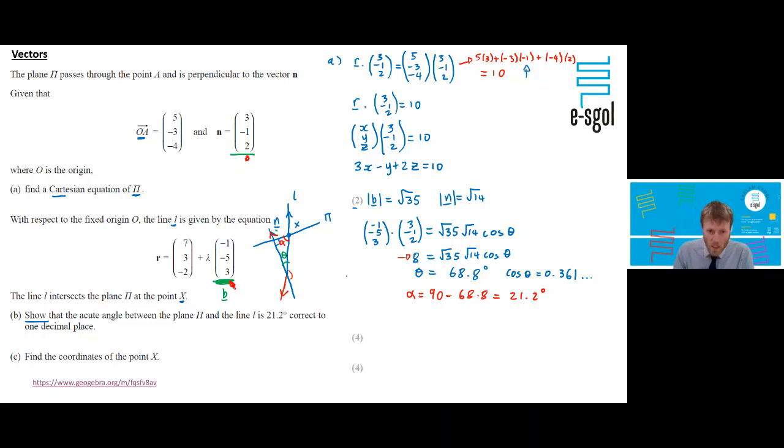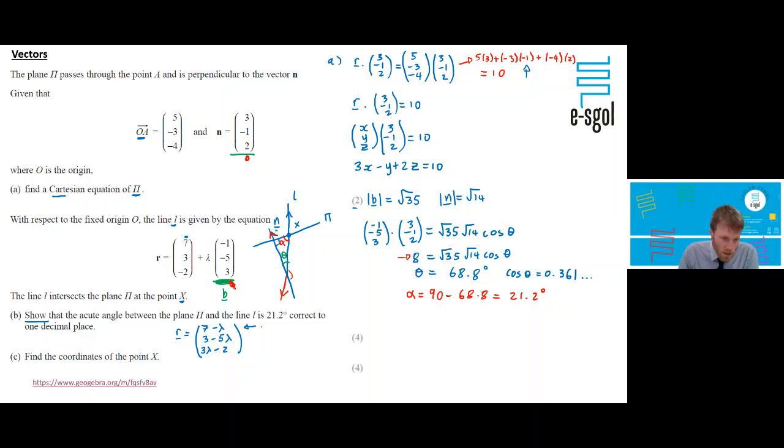For the last bit, find the coordinates of the point X. So if I take the vector equation of the line, our point in space is dictated by this 7 minus lambda for the x bits, 3 minus 5 lambda for the y bits, and then 3 lambda minus 2 for the z bits.